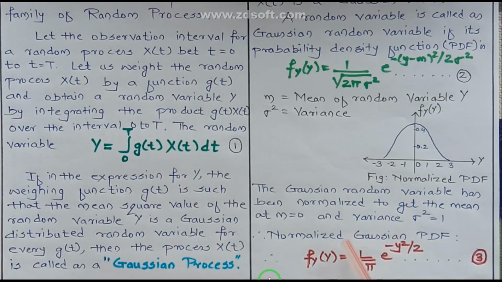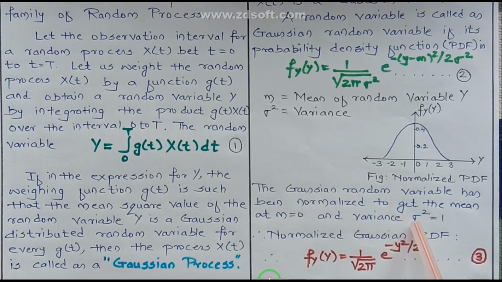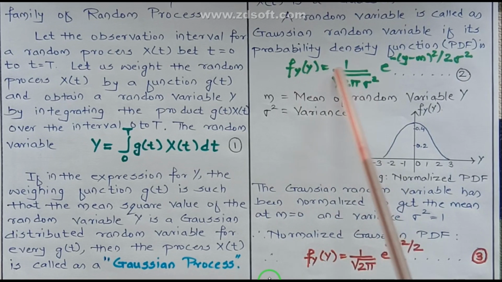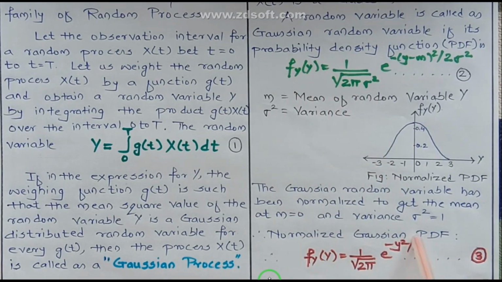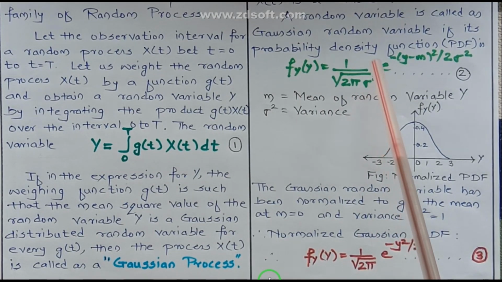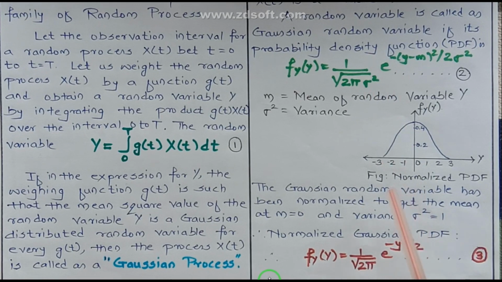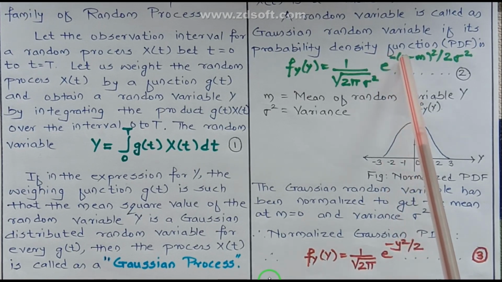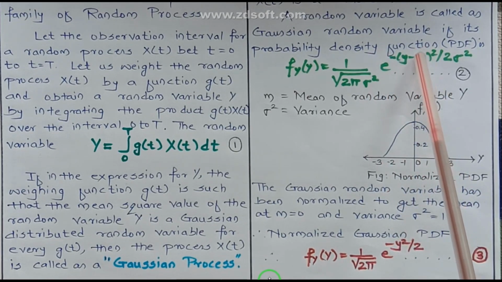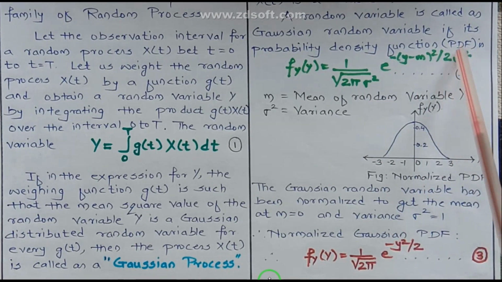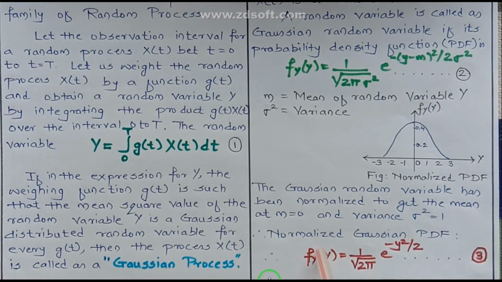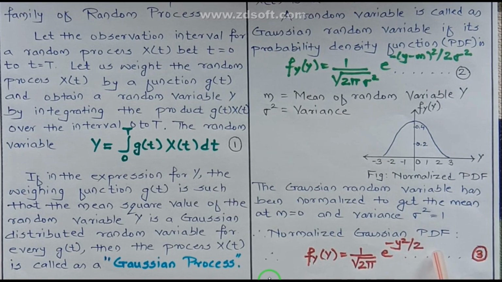So if we put m equal to 0 and sigma square equal to 1 in equation number 2, the equation becomes f of y is equal to 1 upon under root of 2 pi, because sigma square over here is 1, e raised to minus y square, m over here is 0, divided by 2 sigma square, but sigma is 1, so it is e raised to minus y square by 2. Make it as equation number 3.